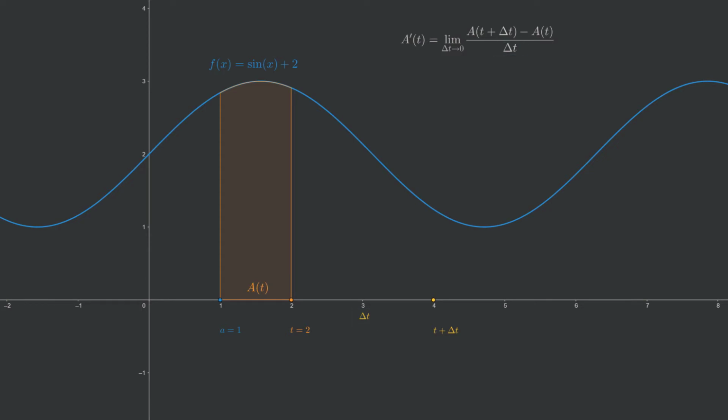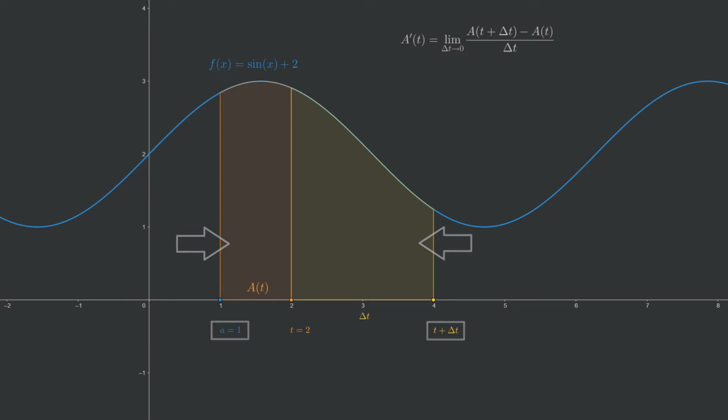Now, what is the numerator? It is A of t plus delta t minus A of t. But A of t plus delta t is the area under the function between the point a and the point t plus delta t. So in fact, it's the entire area which is composed of the orange and the yellow part.